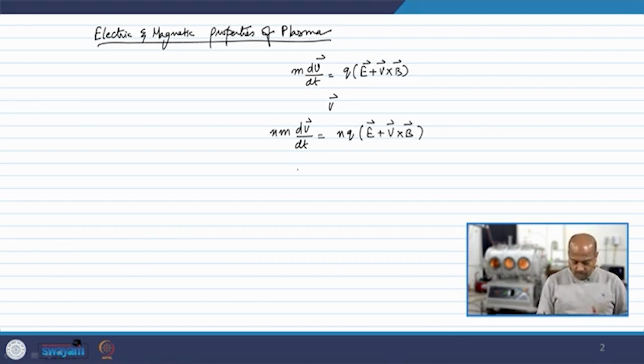Where we have the total derivative d/dt, which is written as ∂/∂t + v·∇.